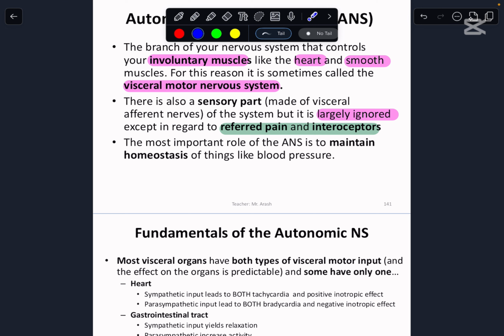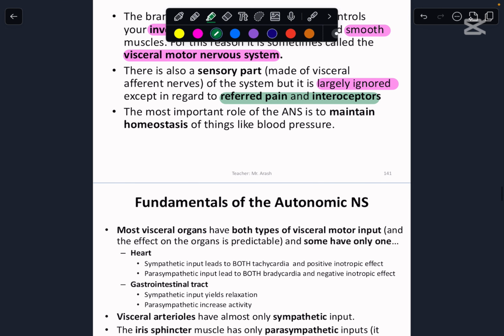The most important role of the autonomic nervous system is to maintain internal homeostasis of things such as blood pressure, heart rate, respiratory rate.